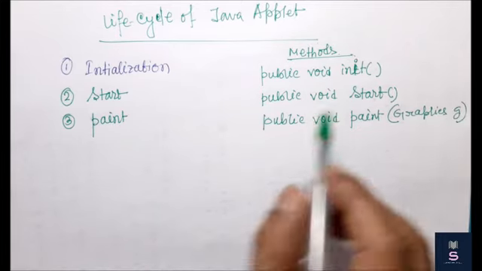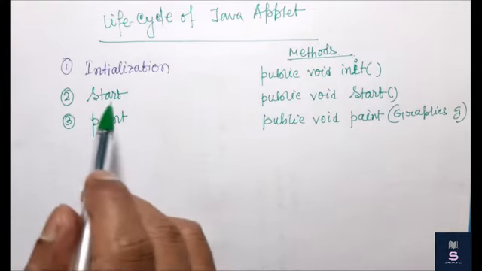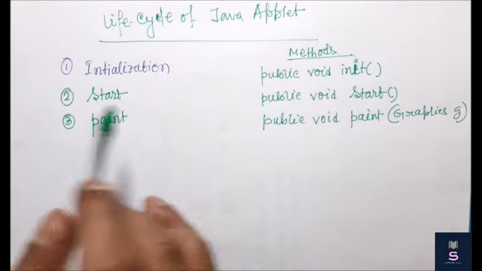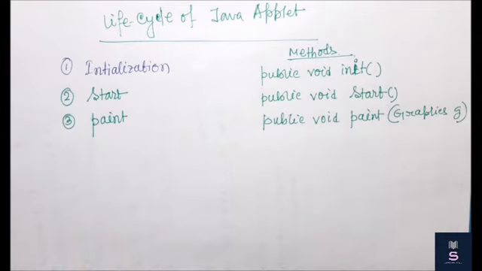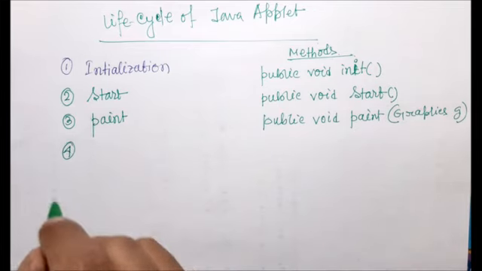Don't worry, I will discuss each of the methods in detail. Right now I am just mentioning what are the lifecycle states associated with the methods. So the first state is initialization, the second state is start, and the third state is paint. Okay, so how it actually works, step by step.